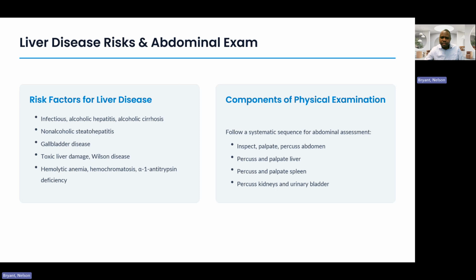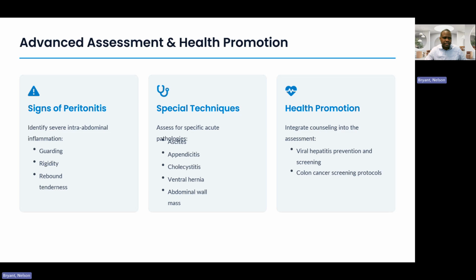This will help you, for example, palpate the liver and then spleen to estimate their size. Percussion, for example, over the costovertebral angle helps assess for any kidney tenderness, and then percussing the pubic area will help evaluate any bladder-related conditions.